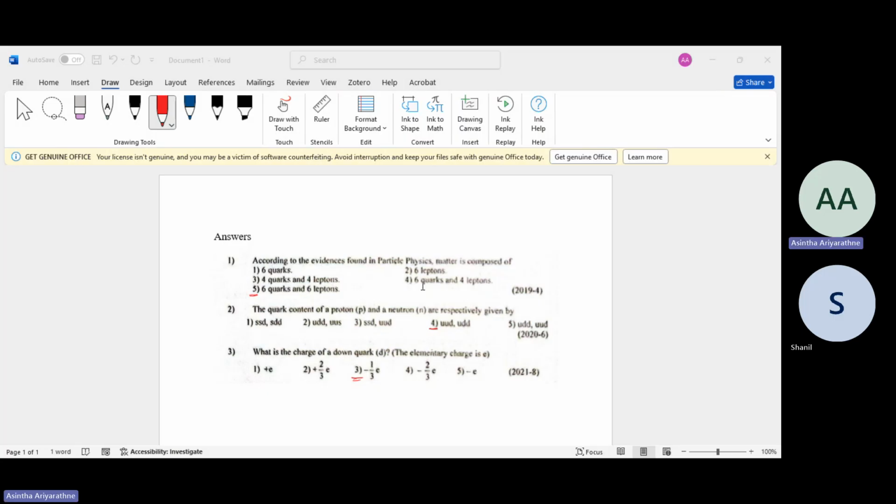No essay question comes. Those final sections were added recently, after 2019. So that's the end of this matter and radiation part as well.